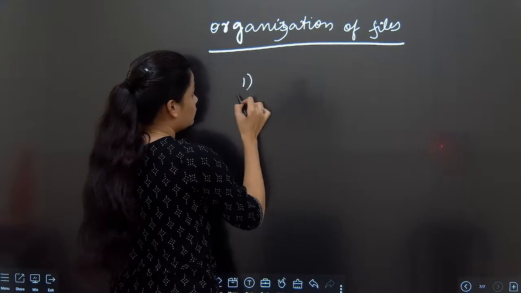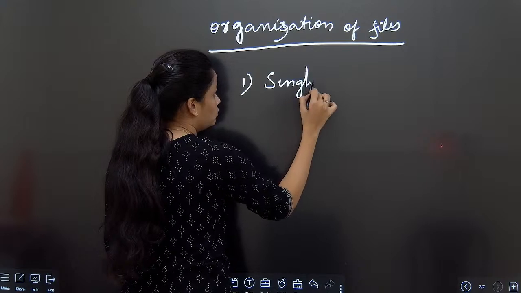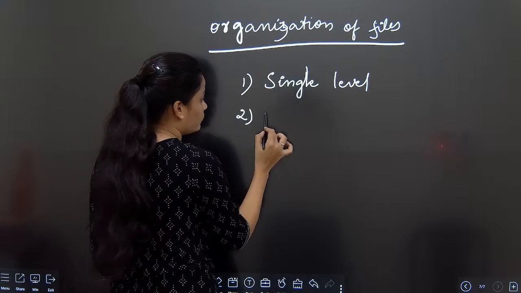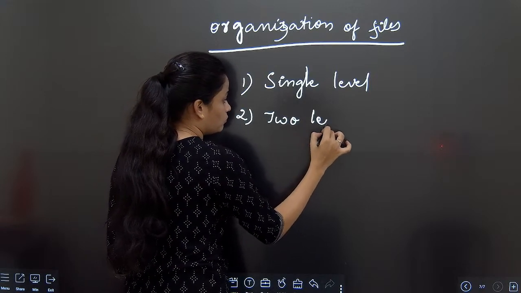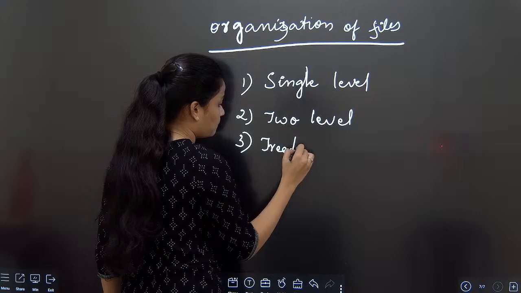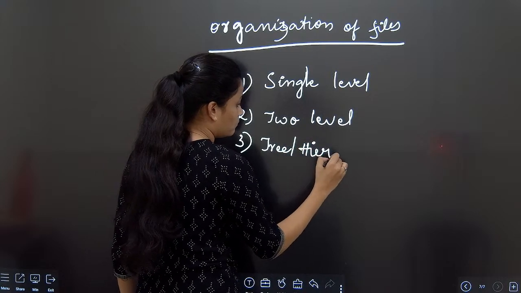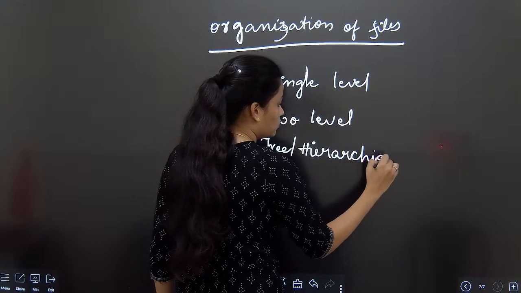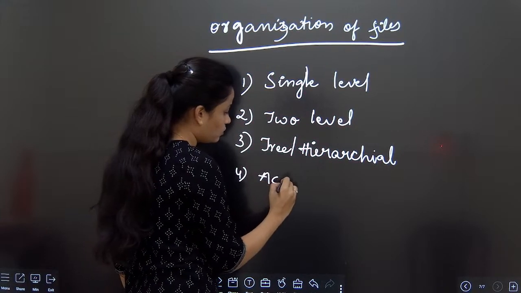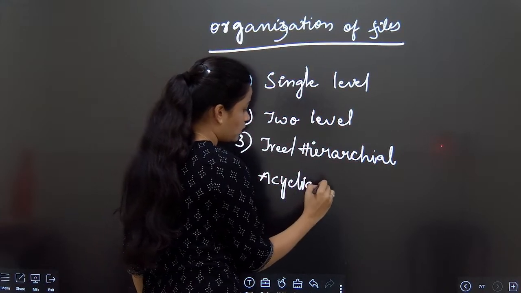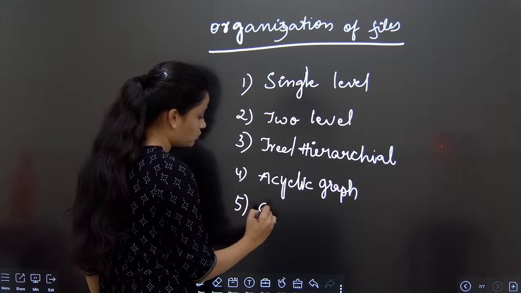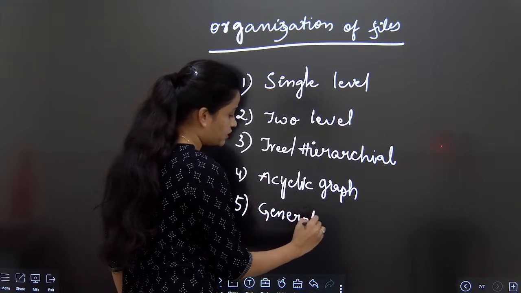Organization of files will be done in single level directory, two level directory, tree or hierarchical level directory, acyclic graph, and general graph.